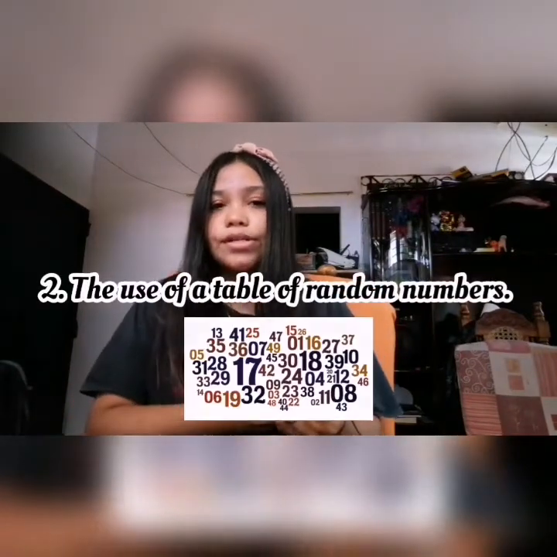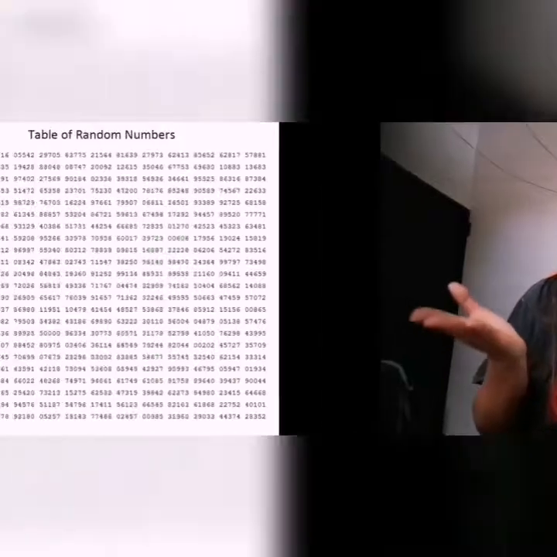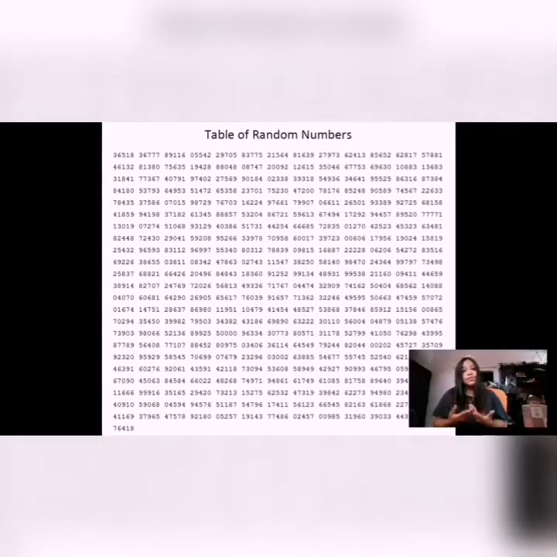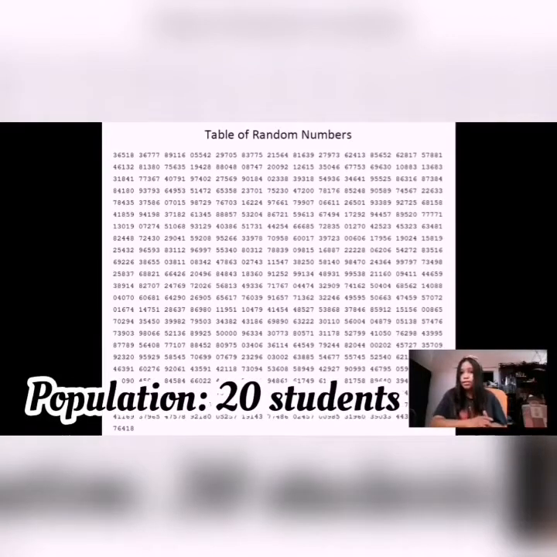The second one is the use of a table of random numbers. But how to use a random number table? I'm going to explain it using this table. To start with, let's assume you have the test scores for a population of 20 students.